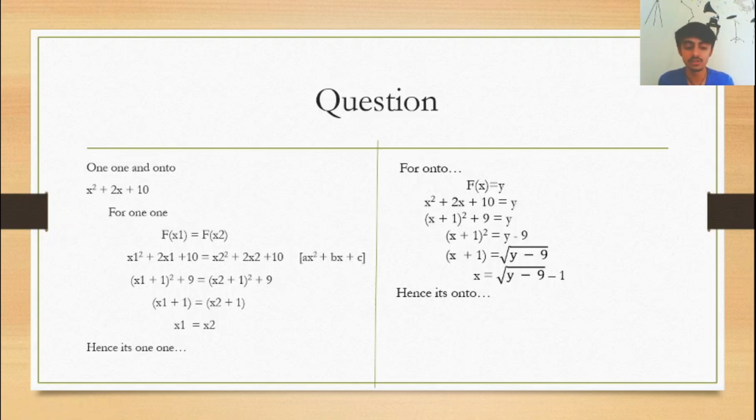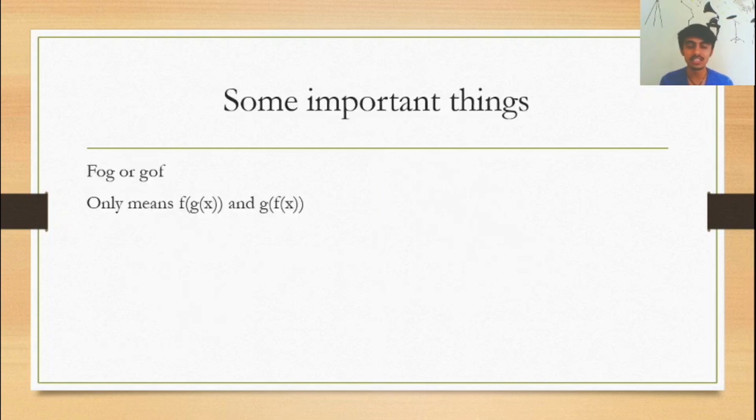Now the thing that usually is asked is fog or gof. That is very easy guys, nothing very important, but it is a little important because we have to score. It's an exam, we have to score, we have to top.